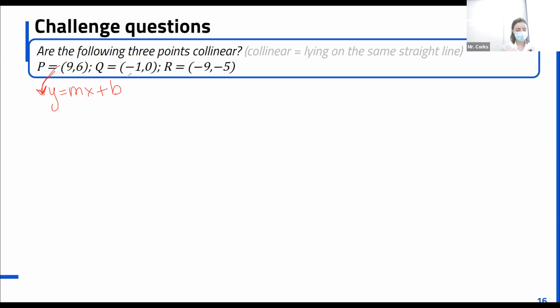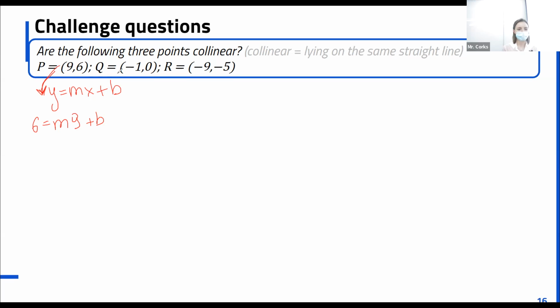So let me show you. So firstly, we will do it with P. So y for P is 6, m is unknown, and x is 9. b is unknown. So we have one equation with 2 unknown variables.